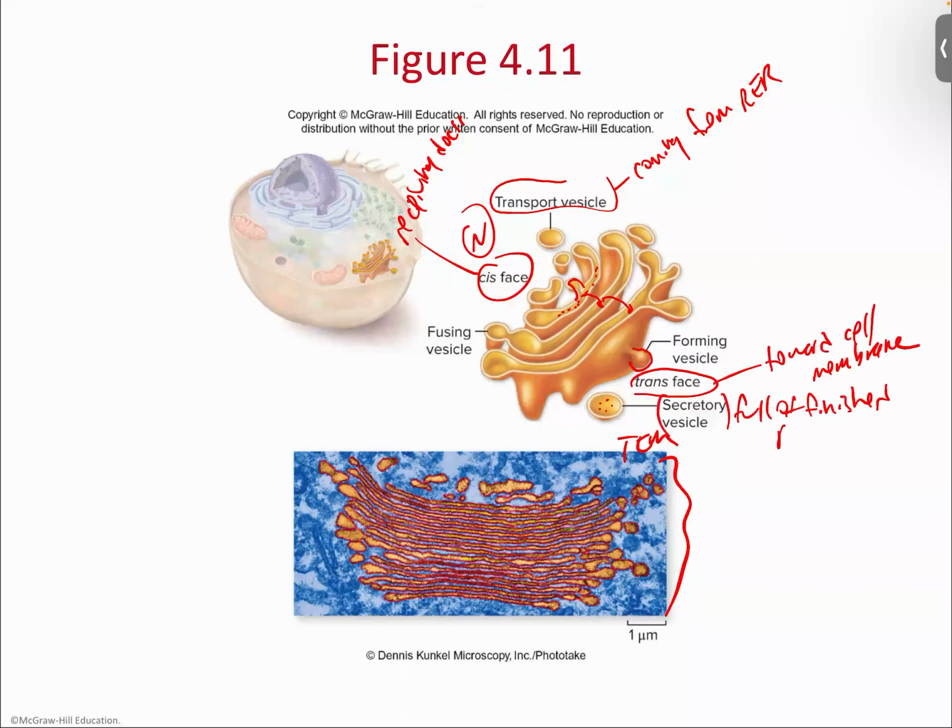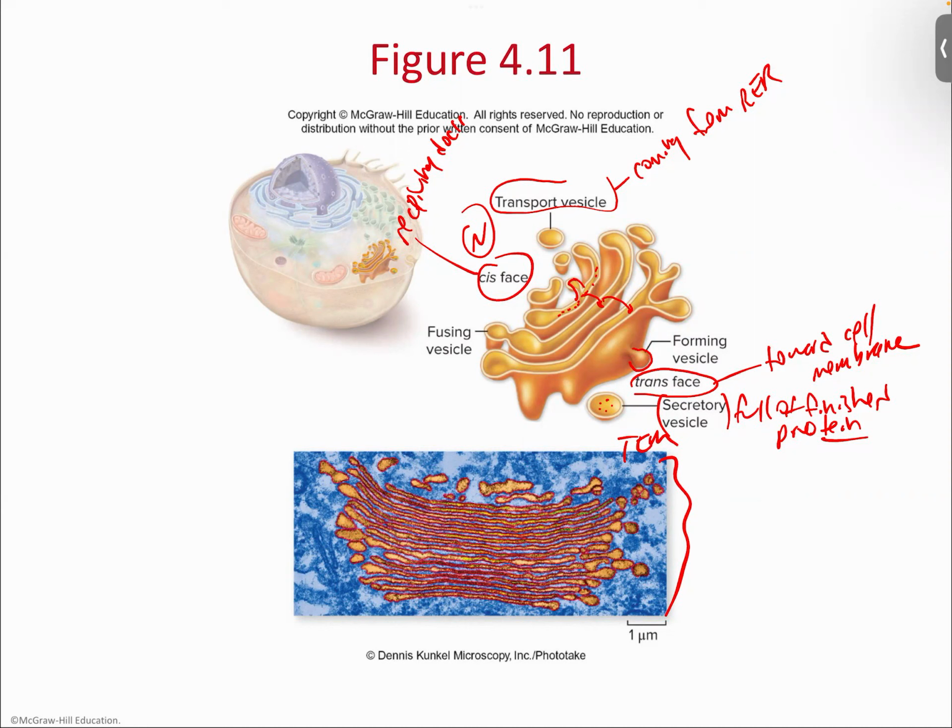This is the stuff that's ready to be released. It's like you're a gland making a protein hormone. This is hormone that's ready to be released to the outside of the body so that you can communicate with cells in the rest of the body to tell them what to do.